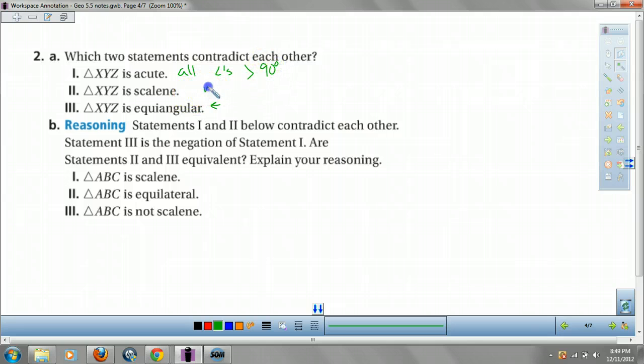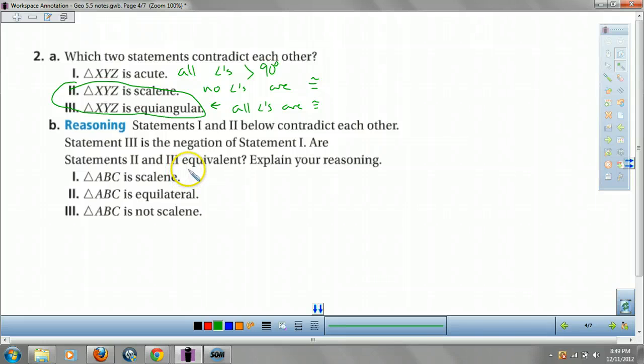Scalene says no angles or sides are congruent. And this says all angles are congruent. This one says no angles are congruent, this one says all. These are your two that contradict each other. They're opposite. They're not the same.